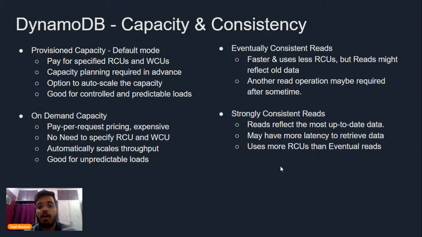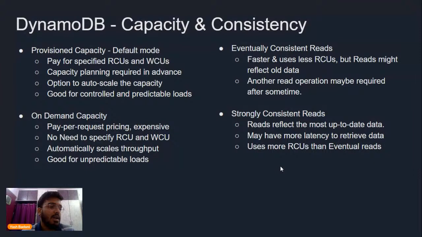Talking about consistency now, right? Data consistency is really important sometimes, and you may also find that consistency is not that important for your application, or you may also have workloads which require strong consistency of data. So what do we mean by eventual consistency?